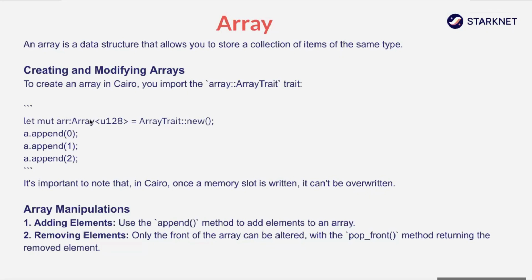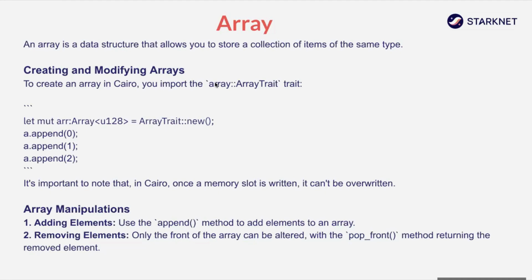To create an array, you have to use the mut keyword, which gives you the option to append new variables to your array. So you have mut, the name of your array, then Array, passing in the type of the collection, then ArrayTrait, then the new method.